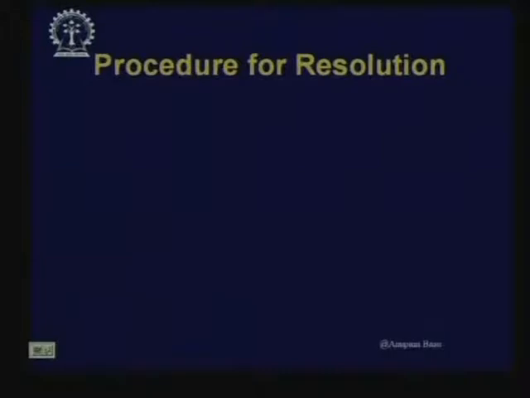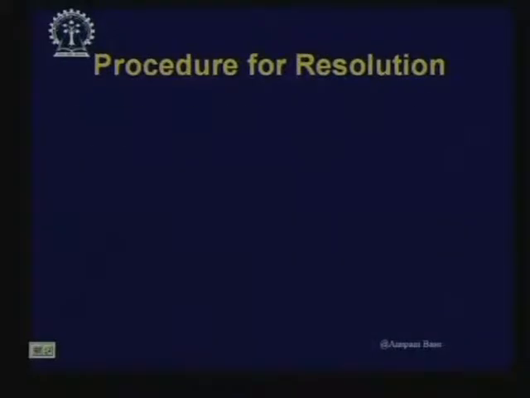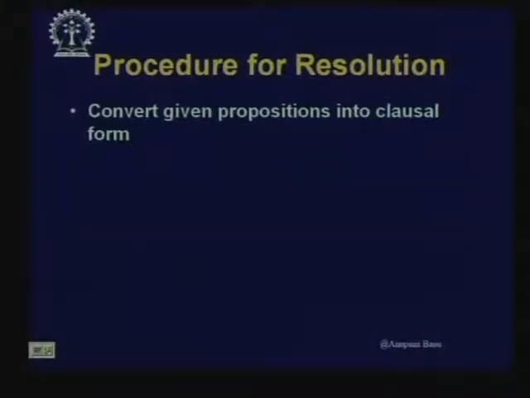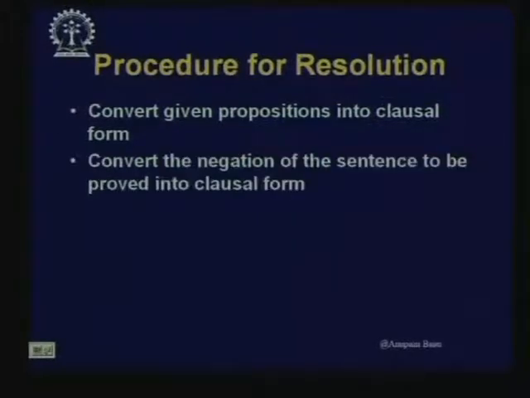Next, let us quickly see what are the basic steps of carrying out resolution for propositional calculus. First step is we convert the given propositions into clausal form. Next, we convert the negation of the sentence to be proved.